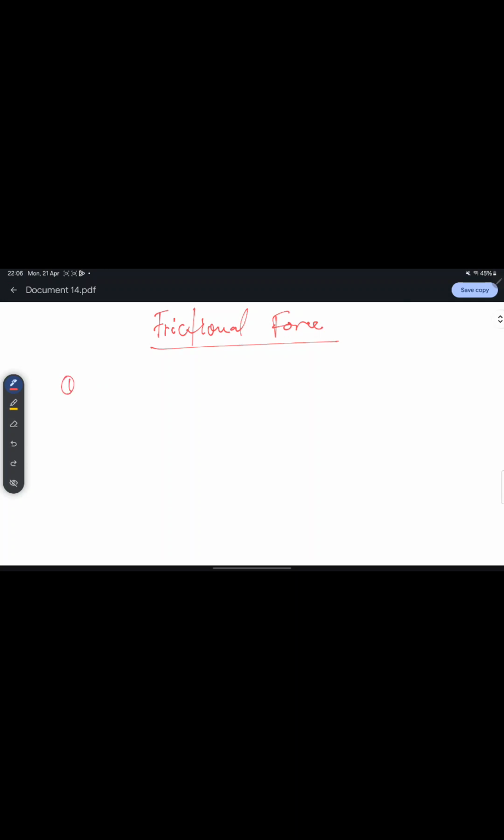Number one, you have to know that it is caused by the surface to which the object is in contact with. It is caused by the surface.